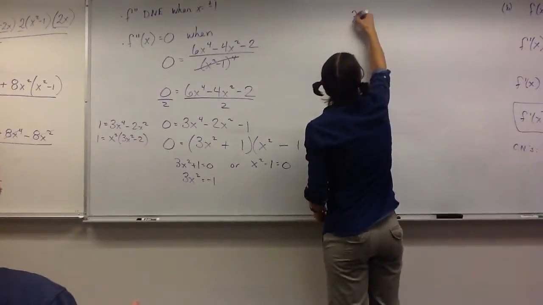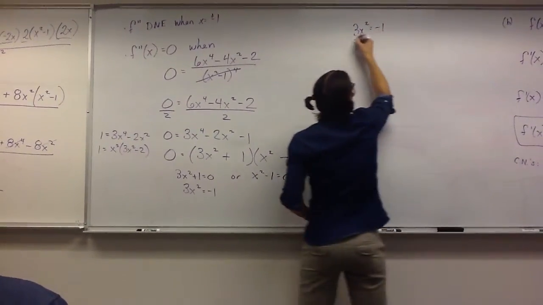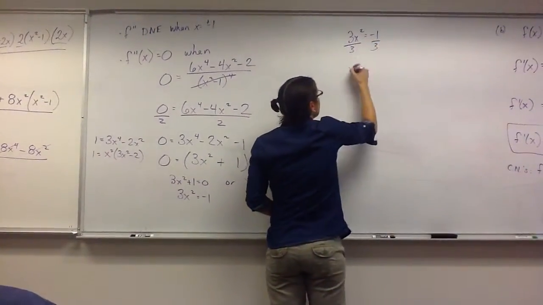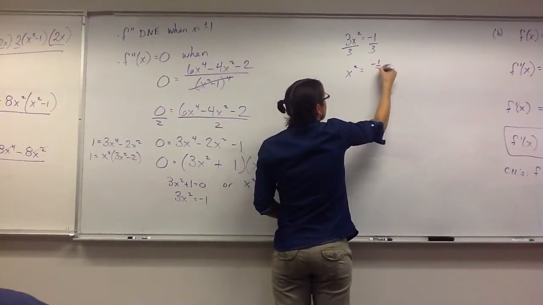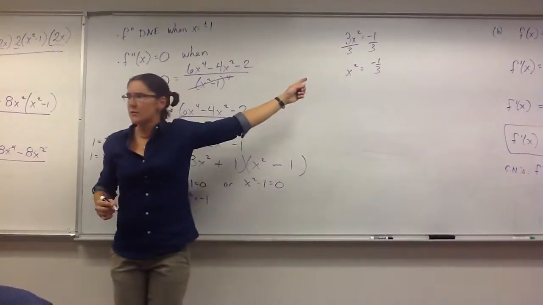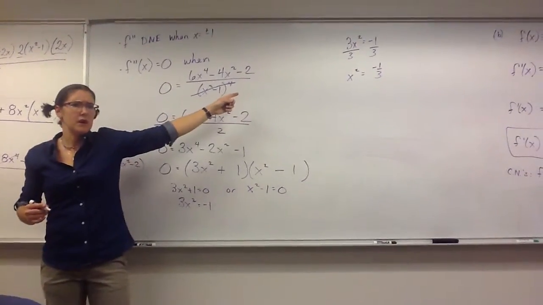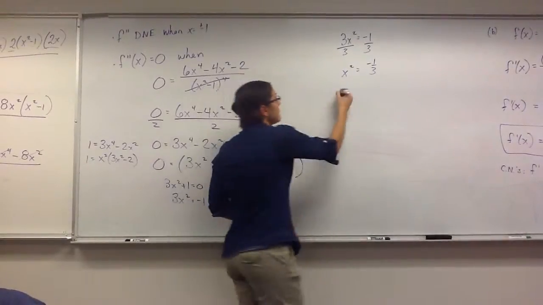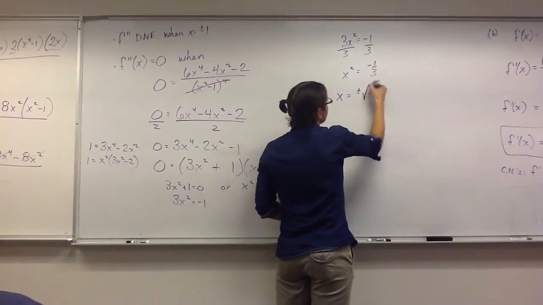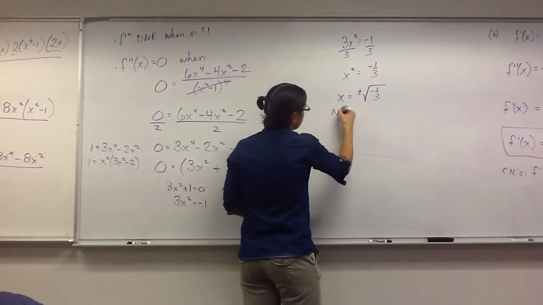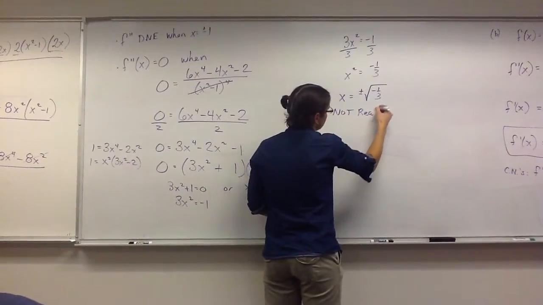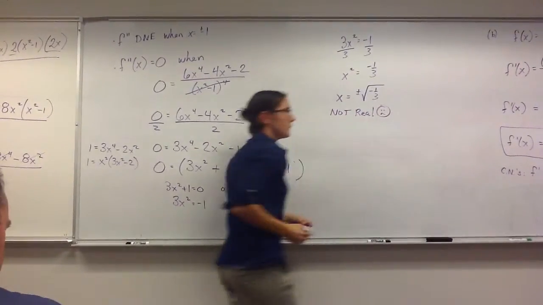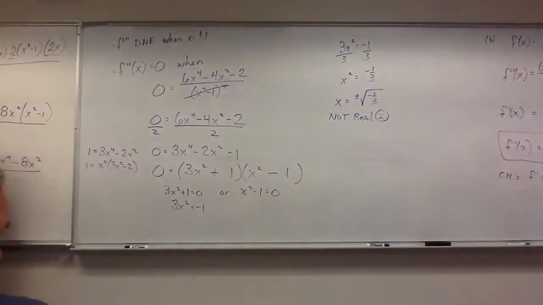Okay, so 3x squared is equal to negative 1. Divide both sides by 3. And we have x squared equals negative 1/3. Which means when I take the square root, I'm going to have a negative under the square root. So there are no real solutions for this branch. So I don't have to worry about those two solutions.